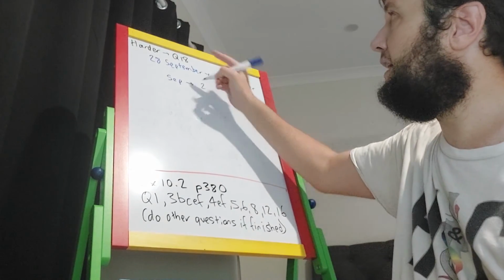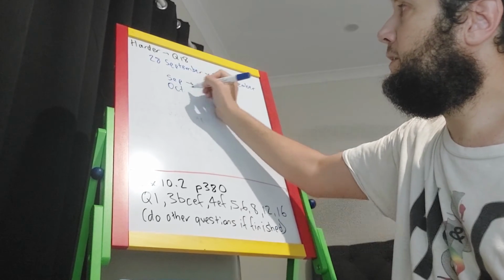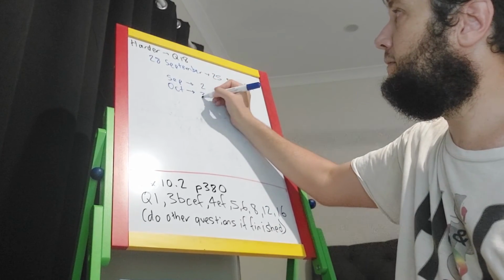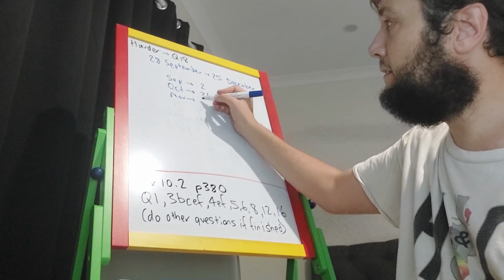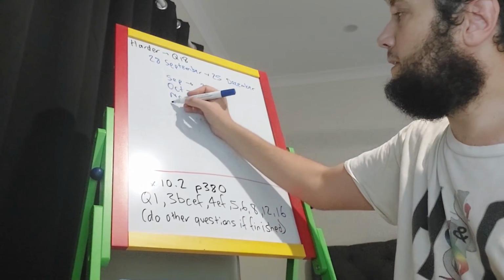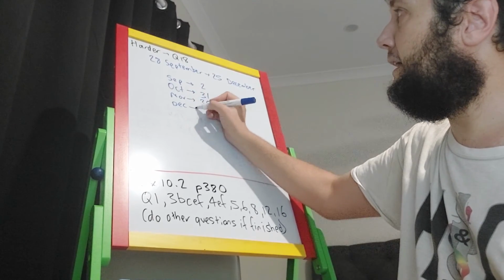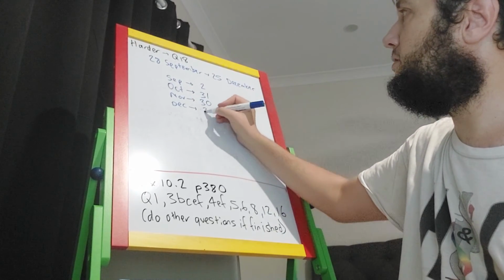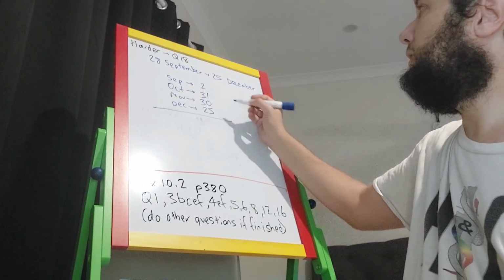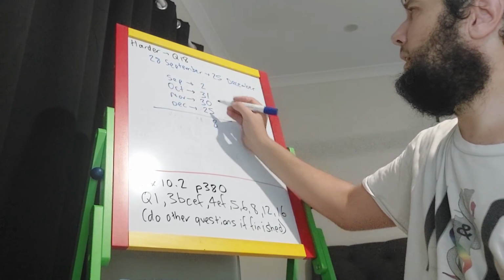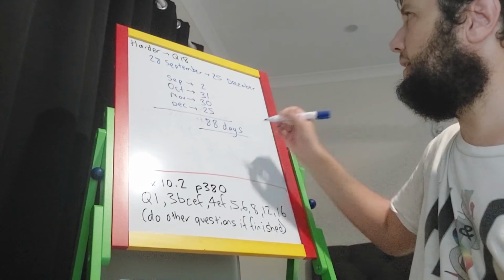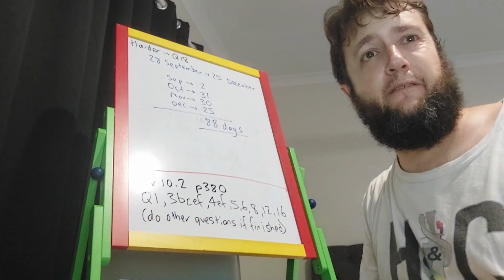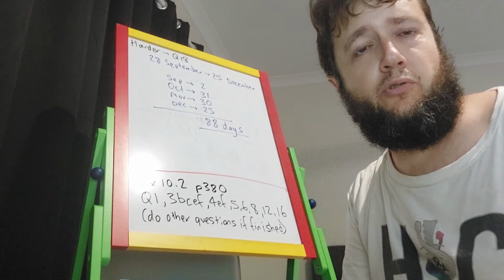So there'll be 2 days until the end of the month. Then how many days are in October? That's 31. How many days are in November? That's 30. Then how many days to our Christmas Day here? It's 25. And we add them all together. There'll be 88 days from the AFL Grand Final to Christmas.